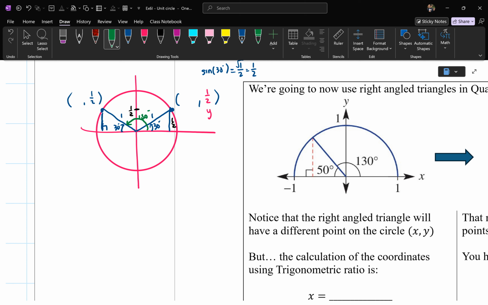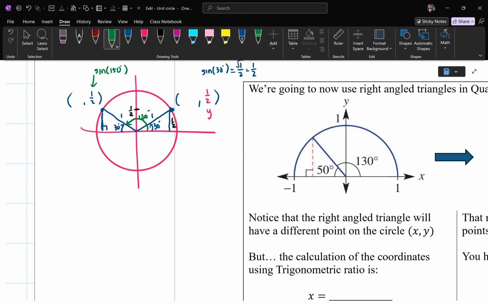And that's special because that means I can also get an answer of half in this region when I do sine of 150. Now this is really special because when we talked about ASTC, we know that as long as you're in quadrant 1 and quadrant 2, sine will always be positive.